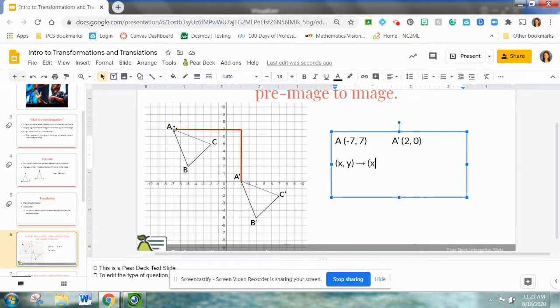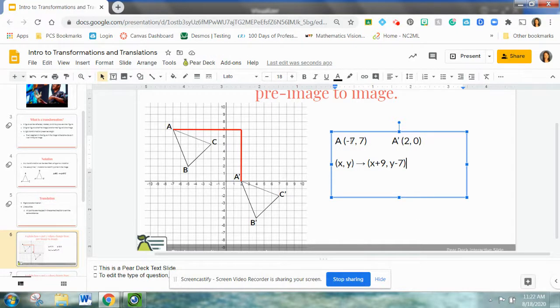Well, we just counted. I went to the right 9. If I'm moving from -7 to +2 on a number line, that represents adding 9. And if I'm moving from 7 to 0 on a number line, that represents subtracting 7.